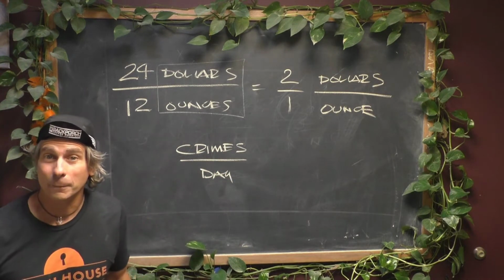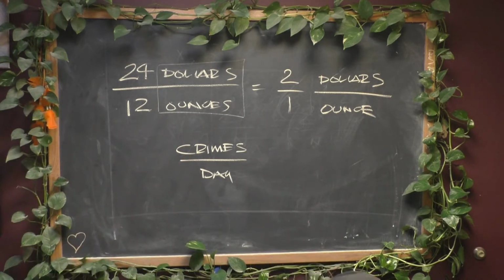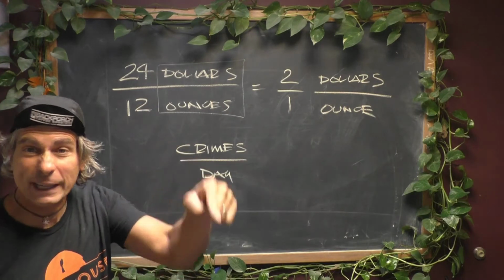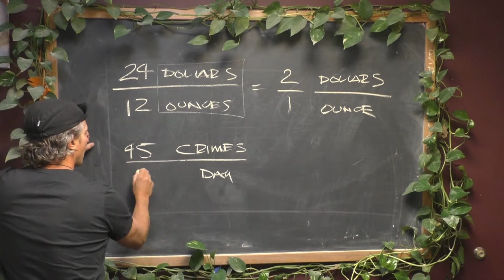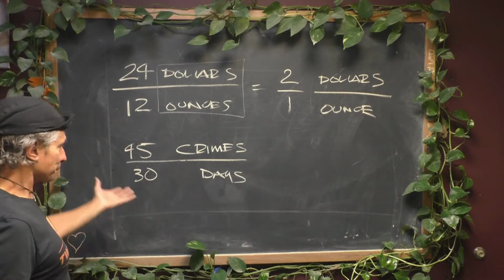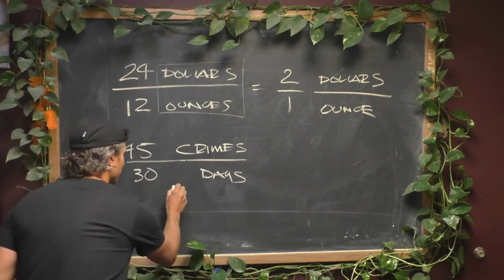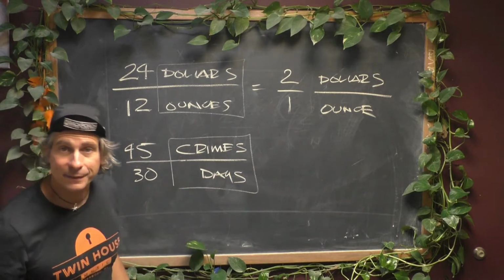All we've got to do now is make sure we have the numbers right. How many crimes? Well, I think it said 45 crimes, 30 days. I'll put an S there because it's plural right now. But again, there's the unit. Crimes per day, or days. This isn't an English class.